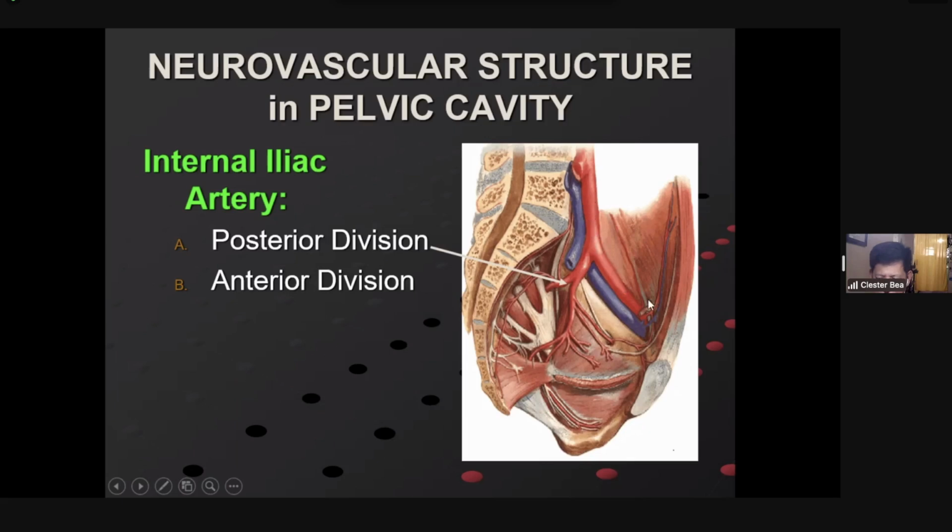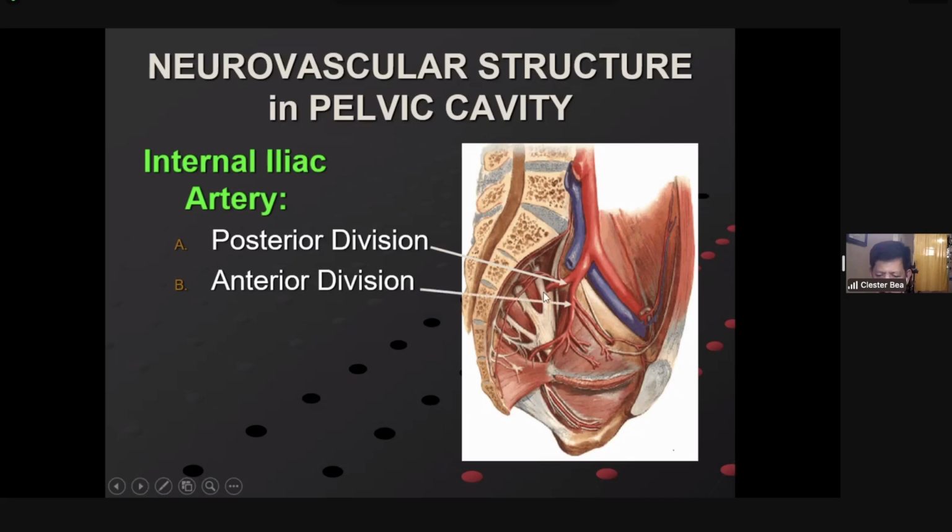The other is the external iliac. The external iliac becomes the femoral artery below the inguinal ligament. The internal iliac goes into the pelvic cavity. Now, the internal iliac has two divisions: a posterior division and an anterior division.